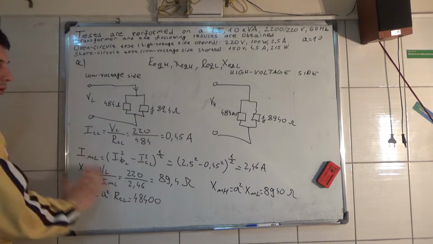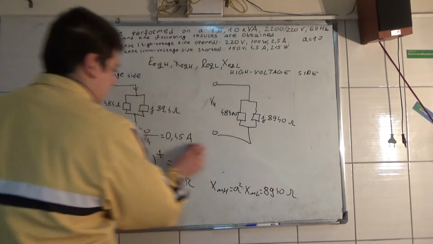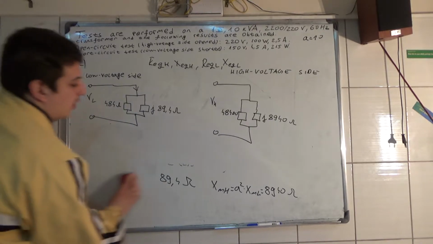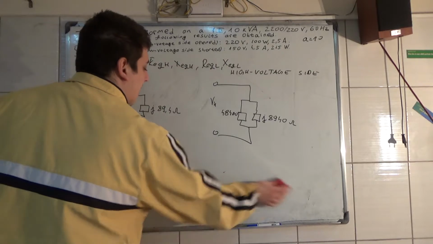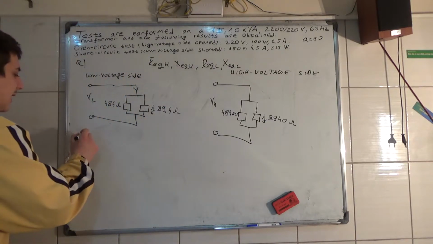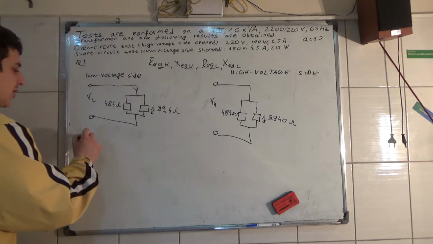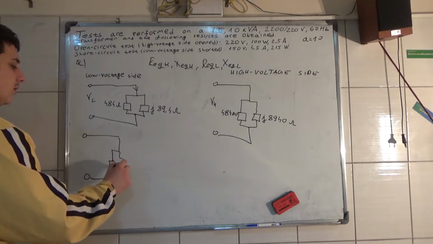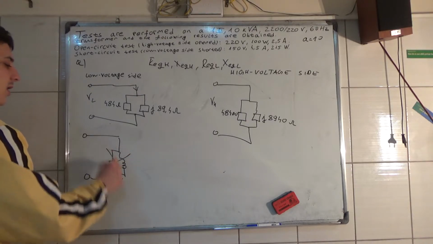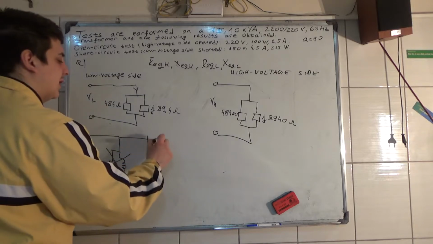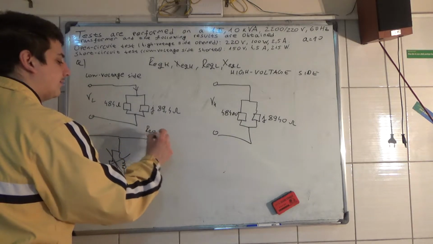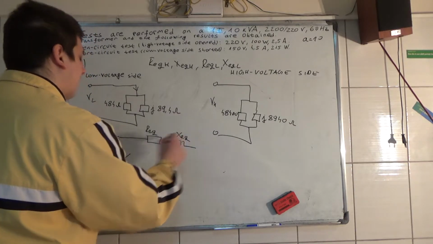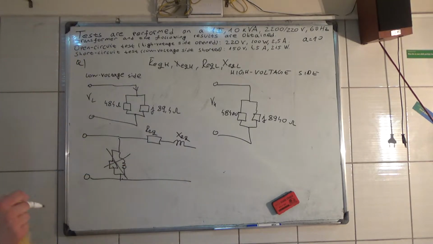Now I need to remove all this, and we're going to calculate these parameters. So for the short circuit test, we don't have a shunt branch, so this shunt branch is removed in a short circuit test, but we have the resistance R equivalent and the X equivalent in the short circuit test.